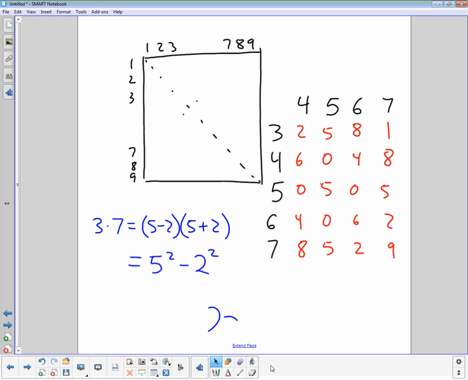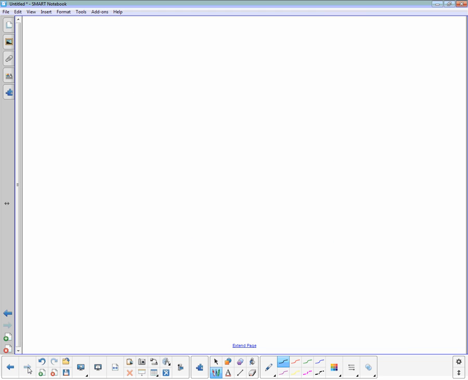Well, think about the 5s. 0, 5, 0, 5, 0, 5, all the way down the road, right? It lands on 5 when it's odd, and it lands on 0 when it's even. And if you look at, say, just the 7's times table: 7, and then what will my next number be? 4.